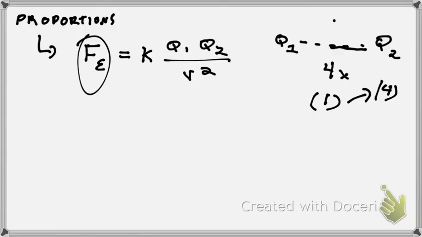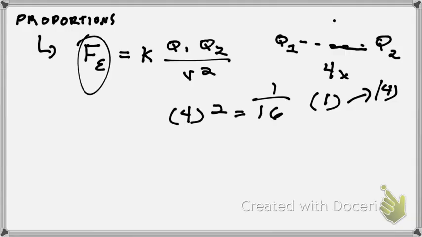Well, if we look at this, and let's just say everything was constant besides the radius and the electrostatic force, and we increase the distance by 4, that would be a change of 16. 4 squared is 16. So what that is saying is that the force would have decreased by 1 over 16.